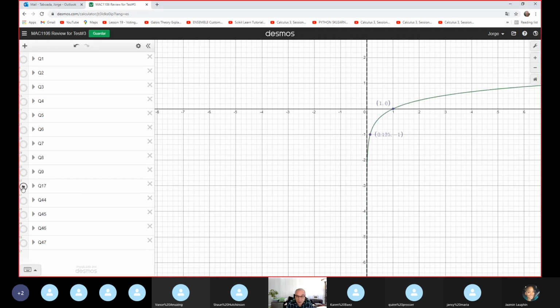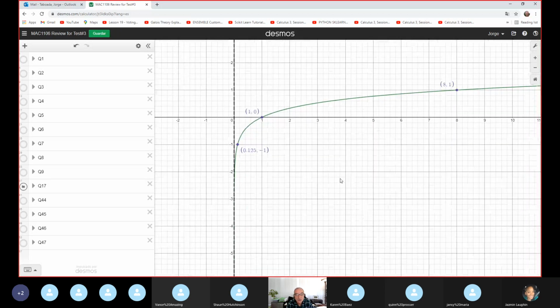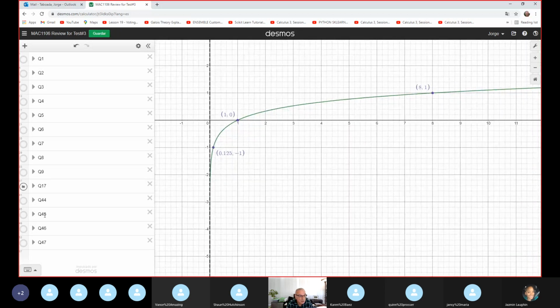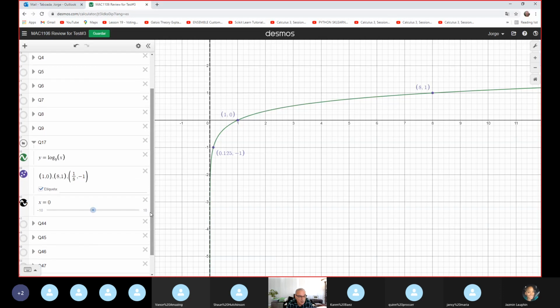Okay, 17 is something like that. Wow, look at that in green color. The function I plot has base 8. I plot the famous point 1, 0, universal, 8, 1, and 1 over 8, negative 1, which is 0.125 in decimal. Okay, negative 1.